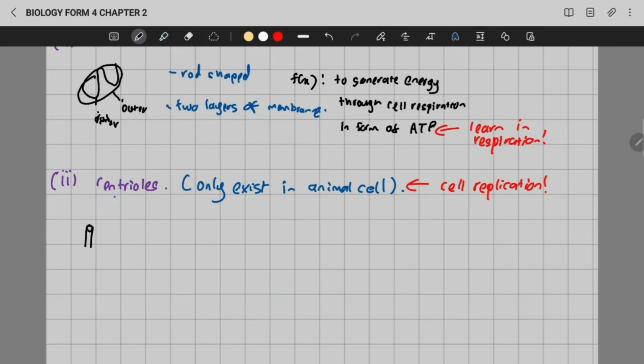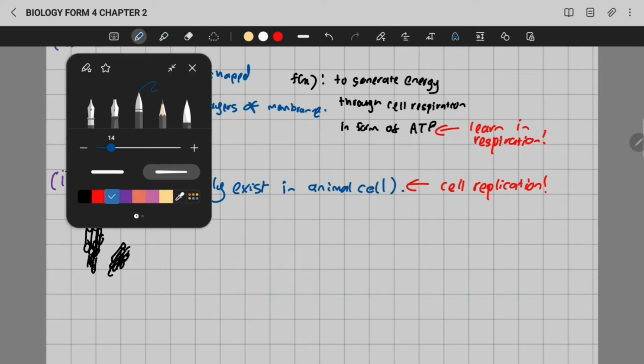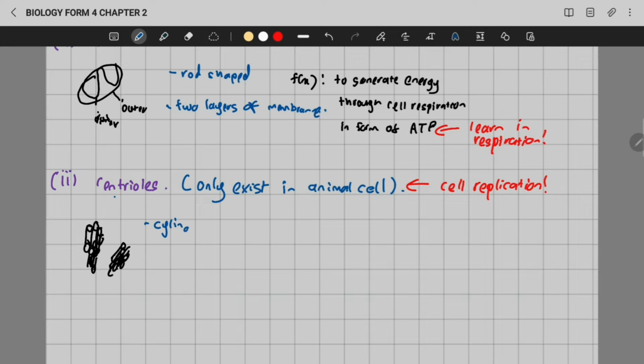So the centriole basically exists as a cylinder, and they exist in pairs. They are made of microtubules.